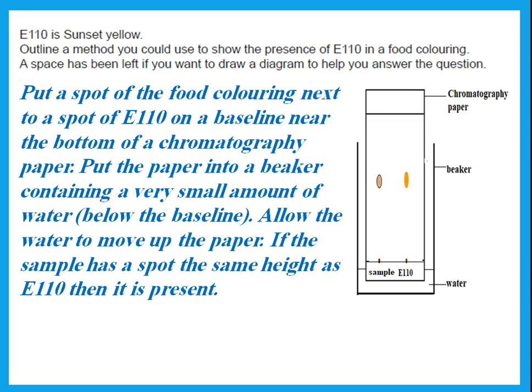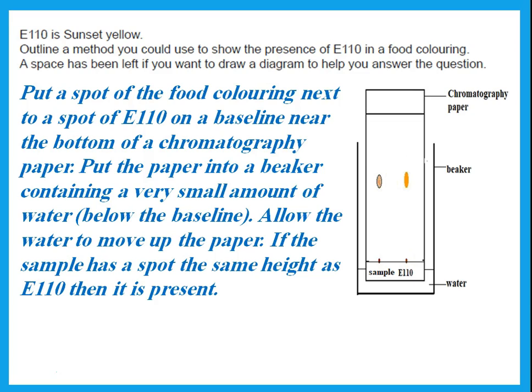Now, we said food colorings usually or almost always dissolve in water. So if I'm talking about ink, or food colorings, or dyes, these dissolve in water, so I use water as a solvent.